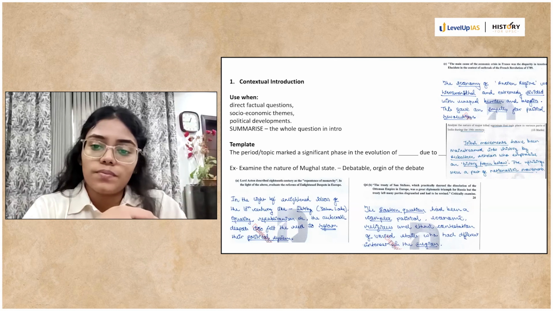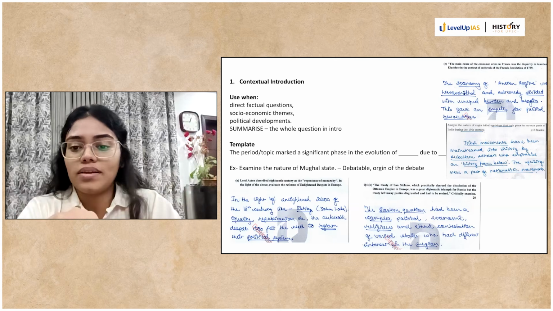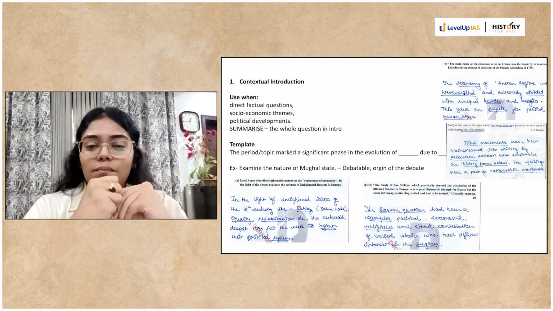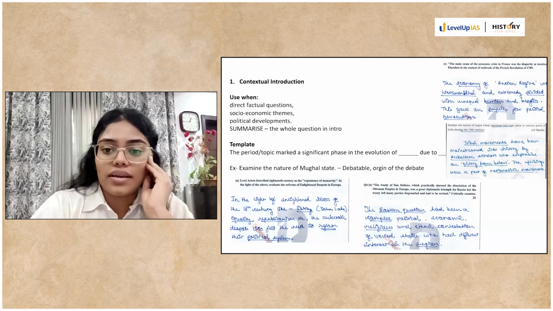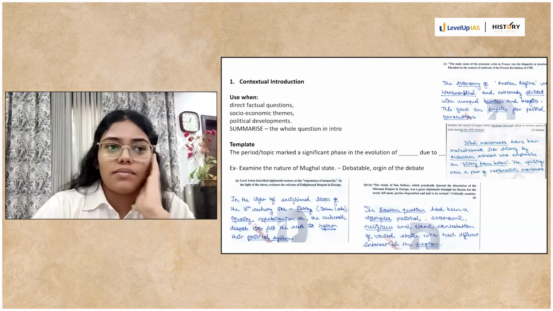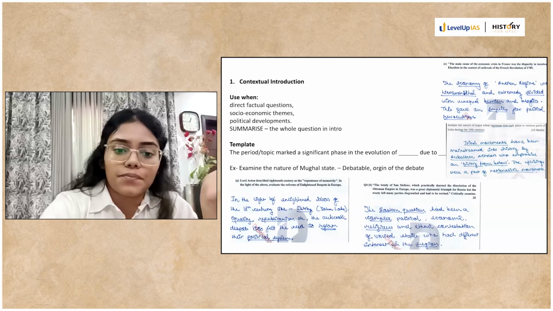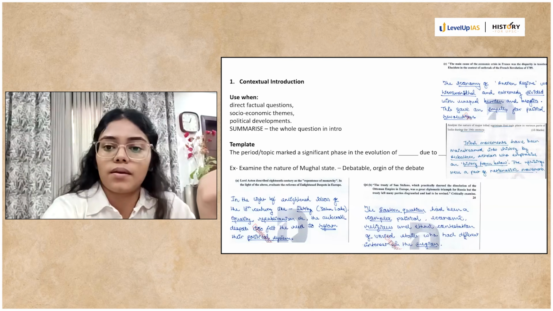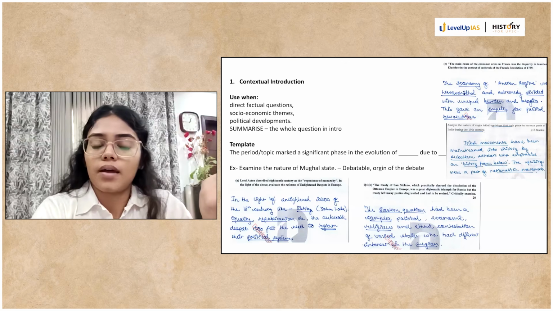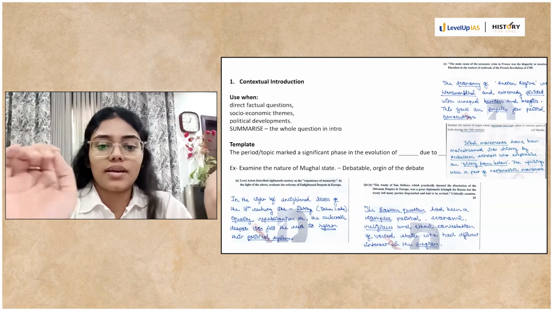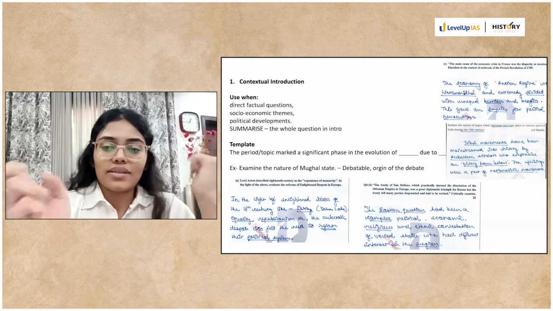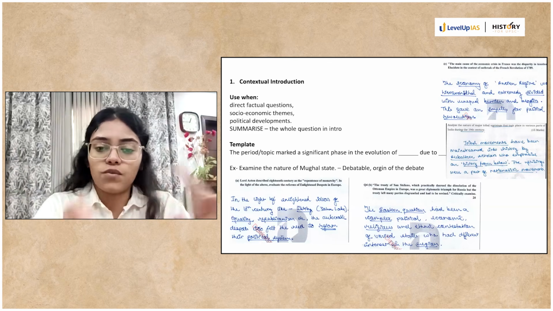What I did was I just contextualized these movements as subaltern movements. Again, it is not something very unique. All you're doing is providing a broader understanding to the examiner. I think you can see the other examples as well. But the basic idea is to show the examiner that you can summarize the whole event into a few lines.